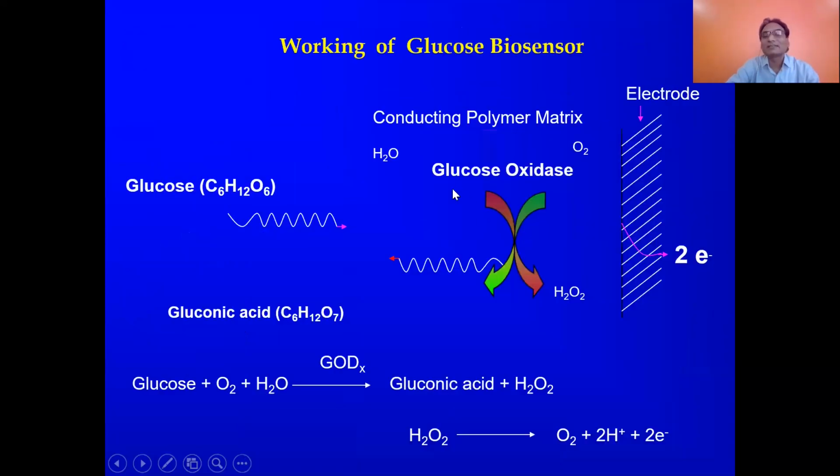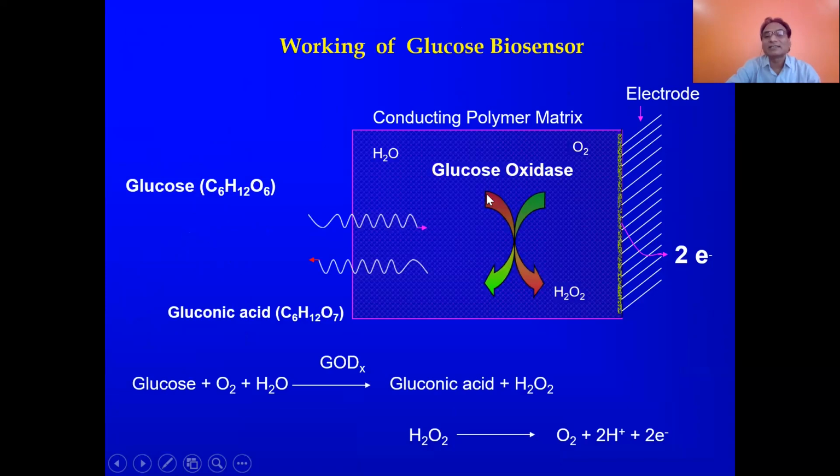This is another schematic. You can see this is glucose oxidase trapped on a conducting polymer matrix. So the conducting matrix with trapped glucose oxidase is going to be the transducer, and glucose oxidase, the bioreceptor, is going to react with glucose.